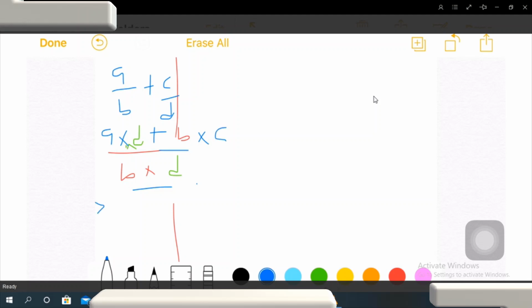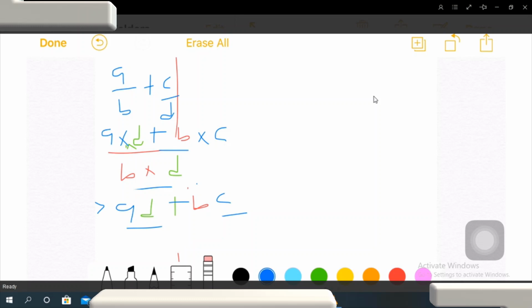So this gives us AD plus BC over BD. Oh, colors.